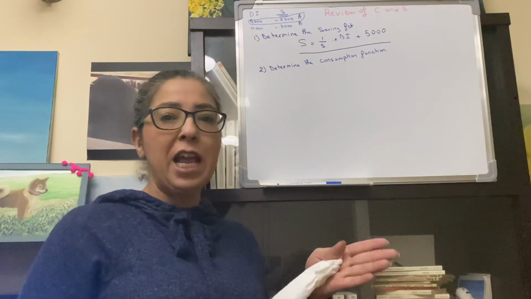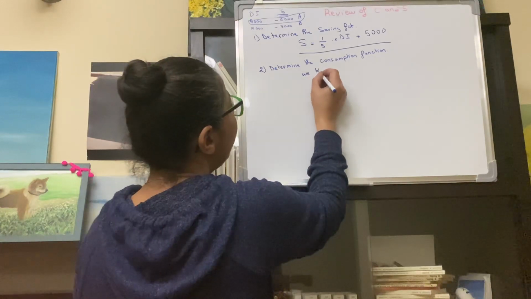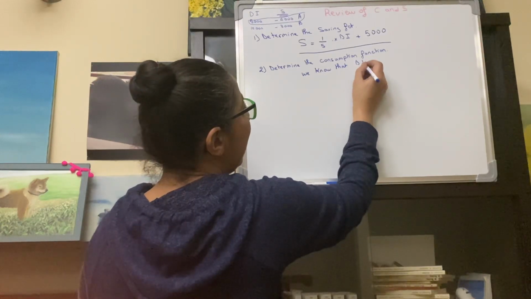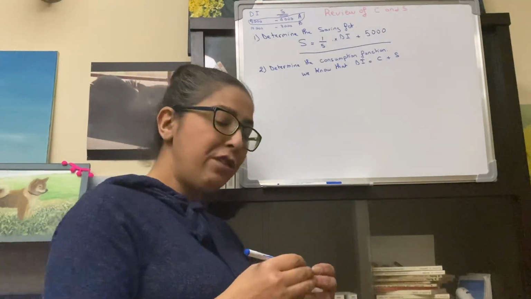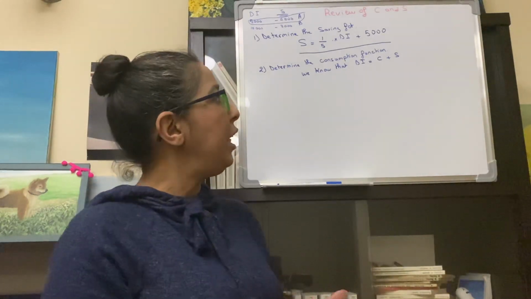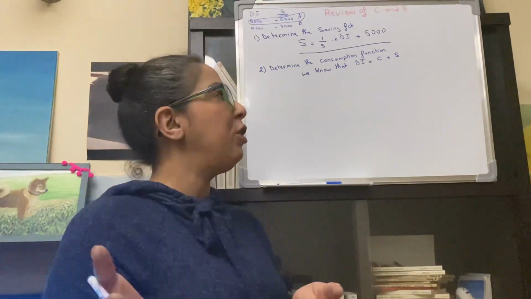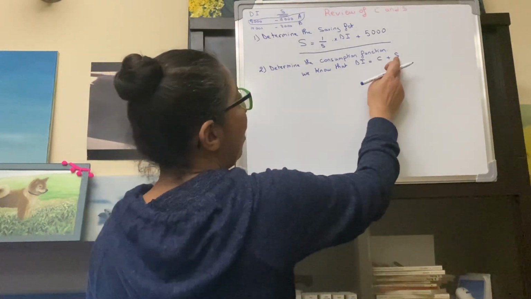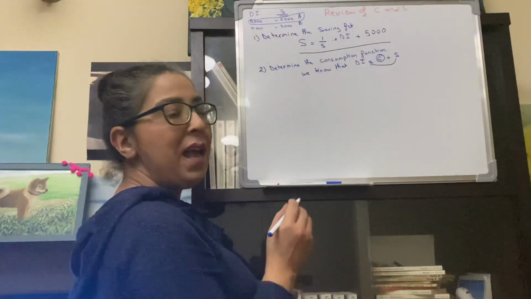I'm going to start with DI minus S. So we know that DI goes to C and S. Whatever is not consumed is saved, whatever is not saved is consumed, and it gives you the total money you have. The total money you can dispose of. Don't forget that we took off the taxes. Okay, let's see. So if I want C to stay here, I'm just going to do DI minus S.